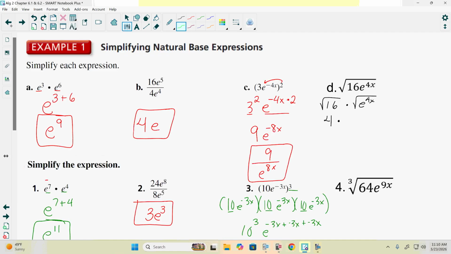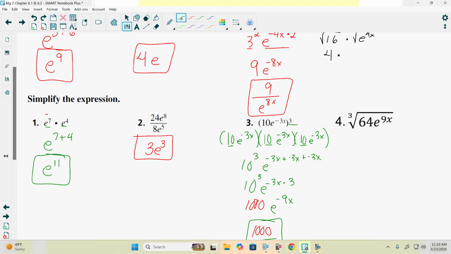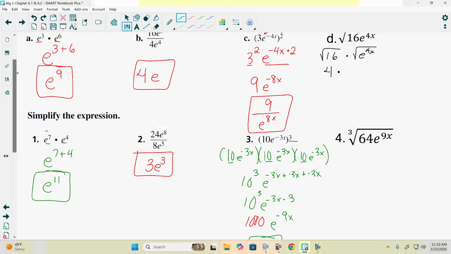If we look back at D, the square root of e to the 4x: the base is still e, but the exponent attached to e goes on top of the fraction. The exponent is 4x, and our index, even though we didn't write it, since it's a square root, is 2. So the square root of e to the 4x as an exponent is e to the 4x over 2.